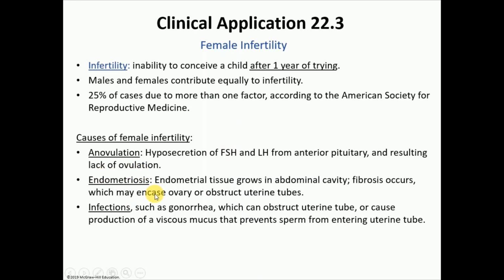Endometriosis is the abnormal growth of endometrial tissue in areas besides the endometrium. So there could be some endometrial tissue in the abdominal cavity, for example, or in the uterine tubes, and that could lead to fibrosis and infertility. Repeated infections, such as gonorrhea, for example, can also lead to scarring of the uterine tube, leading to infertility.